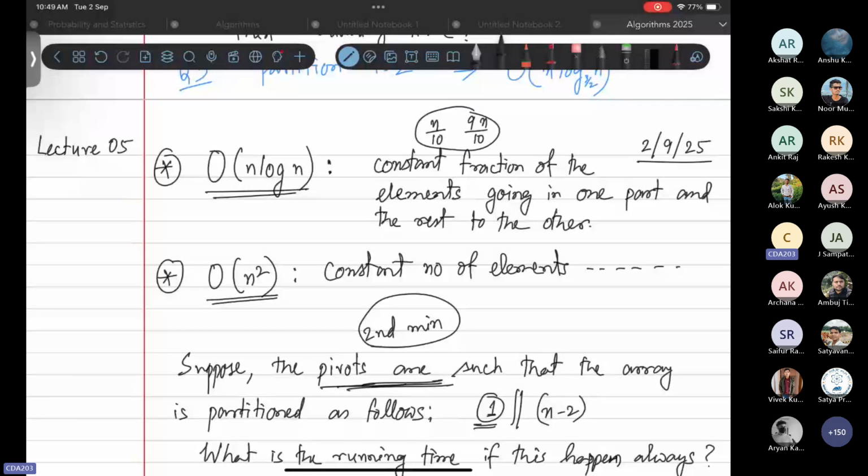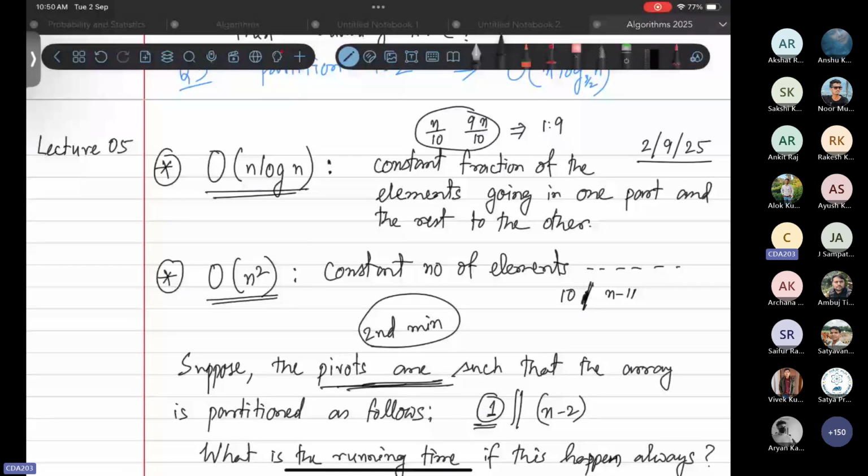So this is basically saying, what is the partition? A 1:9 partition. Okay? But what type of partition are we saying in the second case? Suppose I have 10 elements going in one part and n minus 10 elements going in the other part. 10 is a constant number.